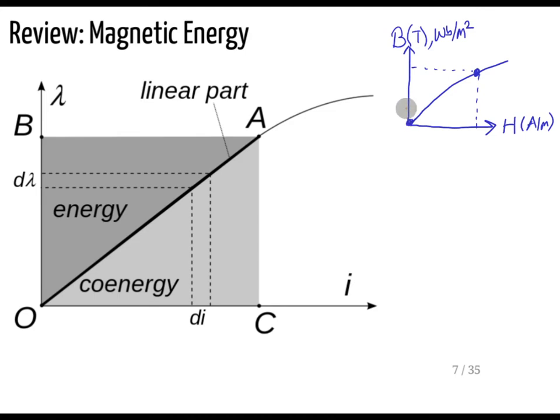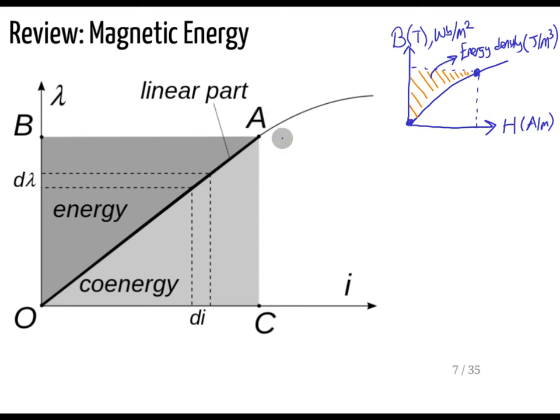And graphically, the energy that is stored in this system, the unit of that one, for the BH graph, is the energy density. I will explain that one. This is joules per meter cube. All right, so this is the energy density.